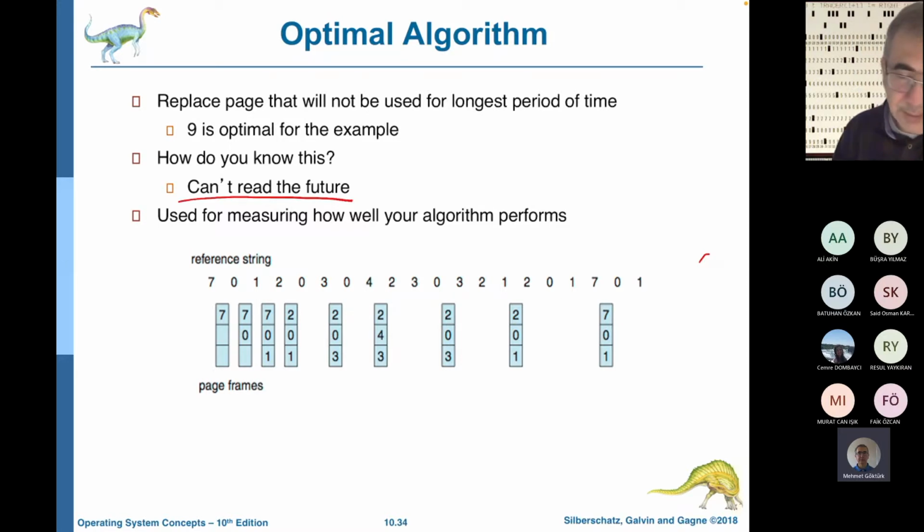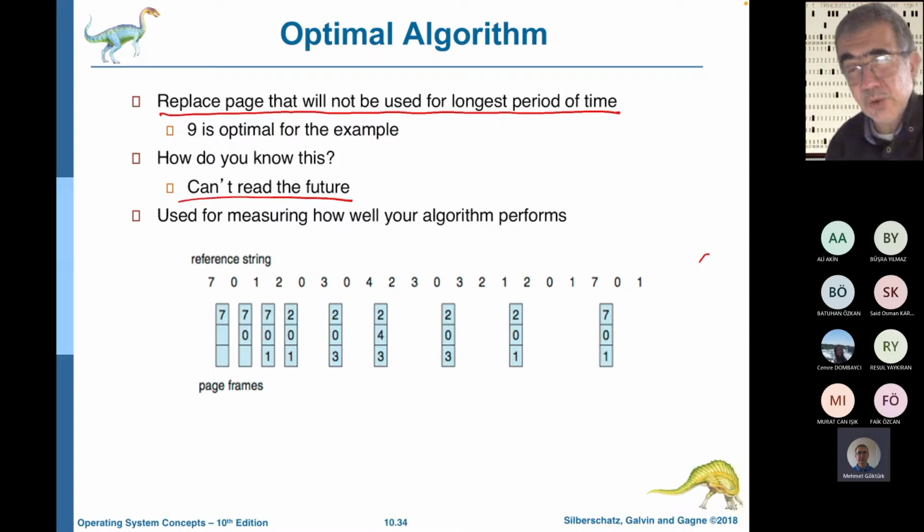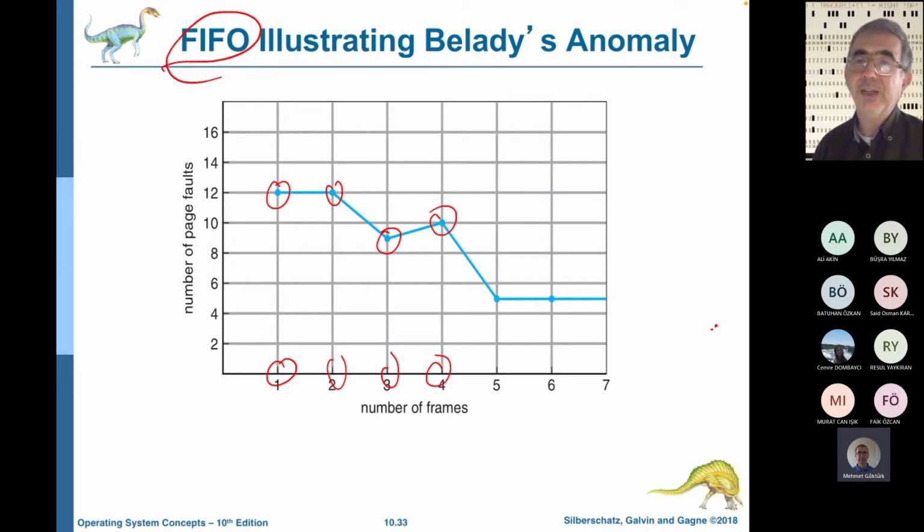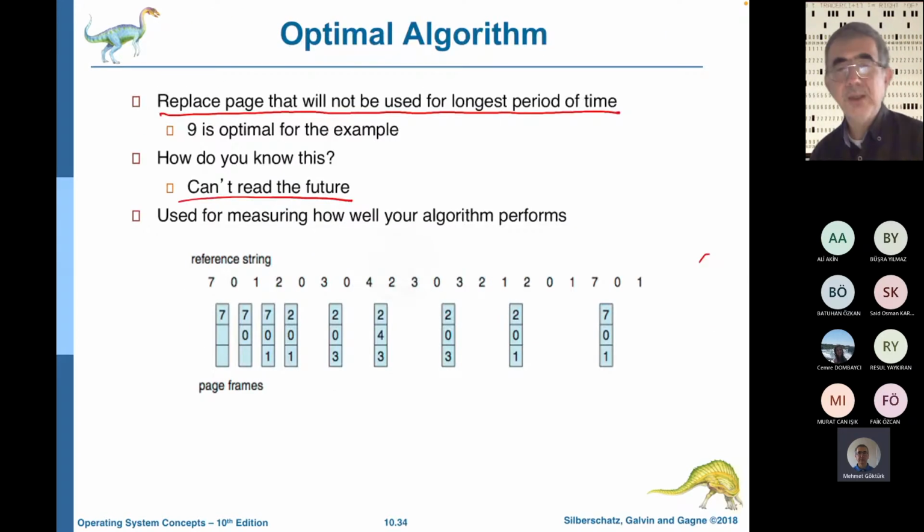The idea is to replace the page that will not be used for the longest period of time. So that is used to test the efficiency of algorithms against the perfect case. Optimal algorithm is the benchmark for the best case. The other algorithms are trying to reach the performance of the optimal algorithm.